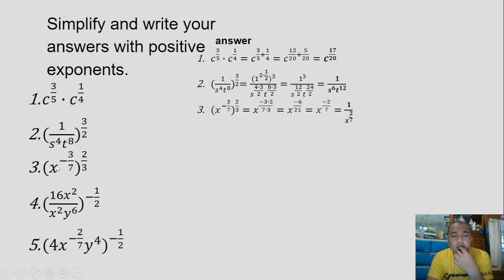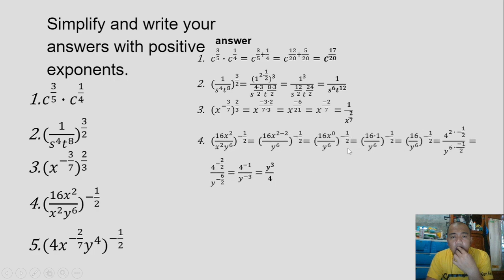Number 3, x raised to negative 3/7 raised to 2/3, cancel 3, making it negative exponent x raised to negative 2 over 7. And if we have a negative exponent, it will become 1 over x raised to the 2 over 7 power. In number 4, okay, interchange again the position of x squared y to the 6, get the reciprocal of this, and raise it to positive 1 half.